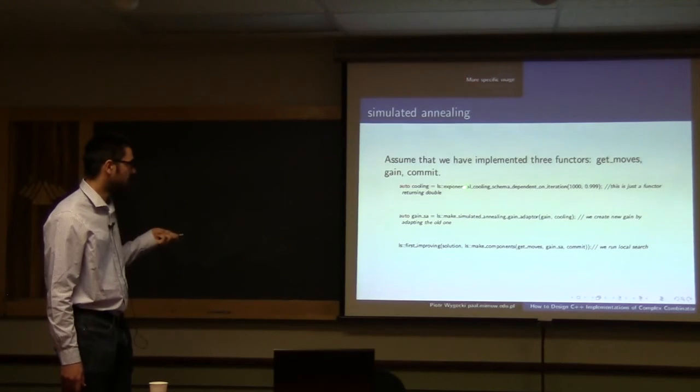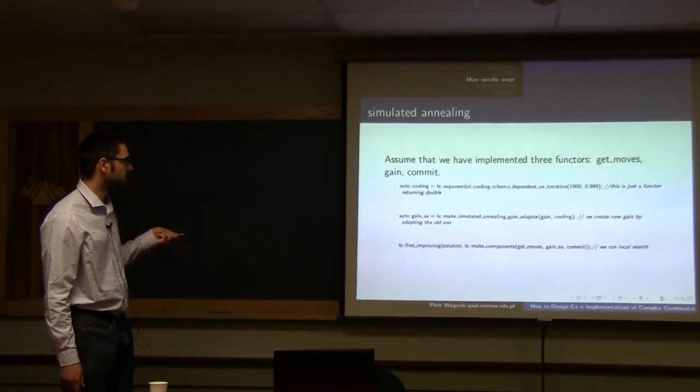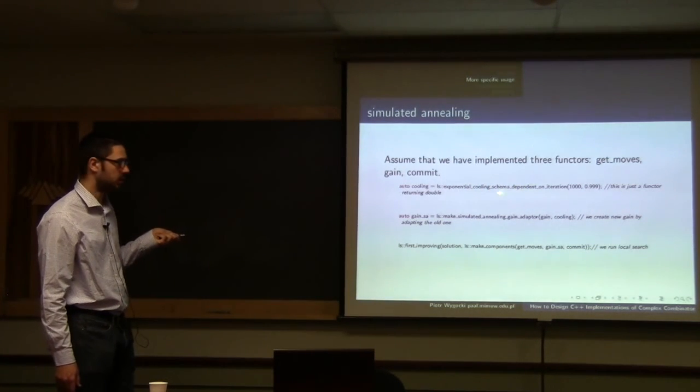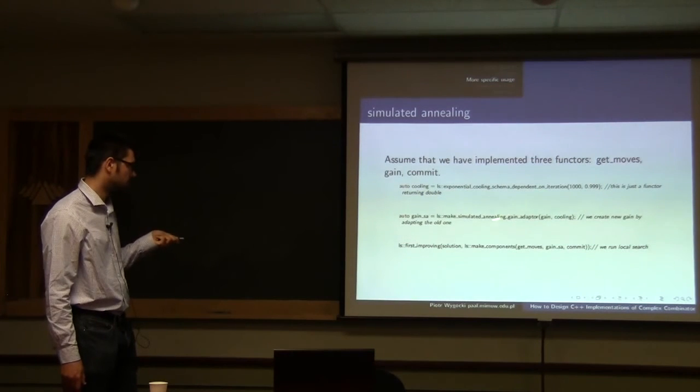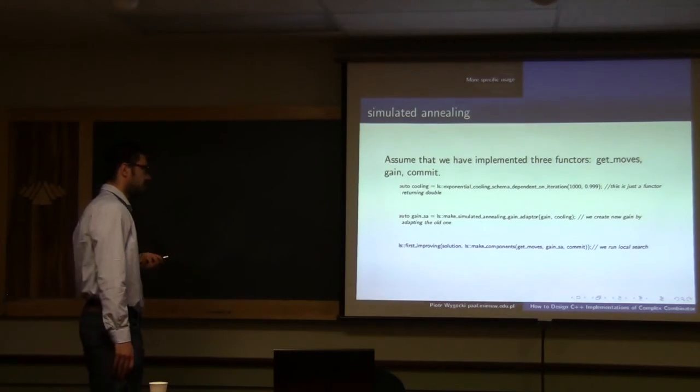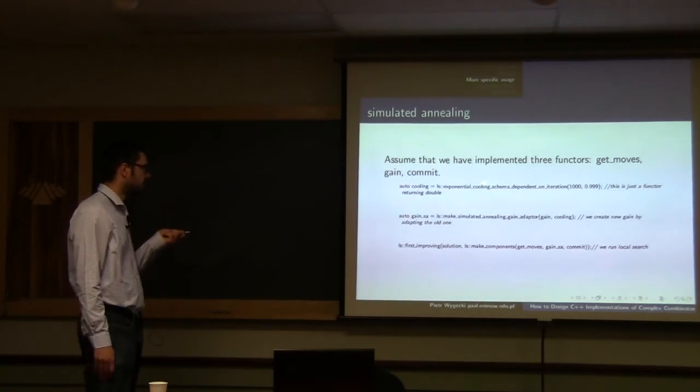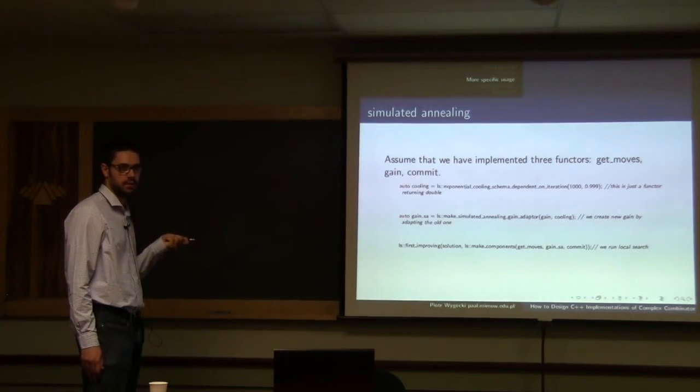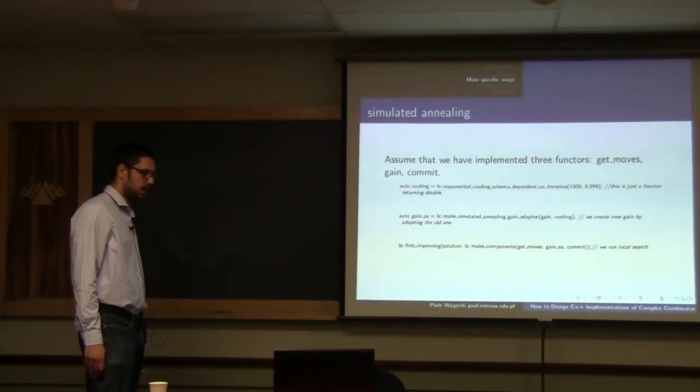Oh, and this looks terrible. It's an exponential cooling scheme dependent on iteration, and someone might say that the user has to understand what this function means, and it looks complicated.